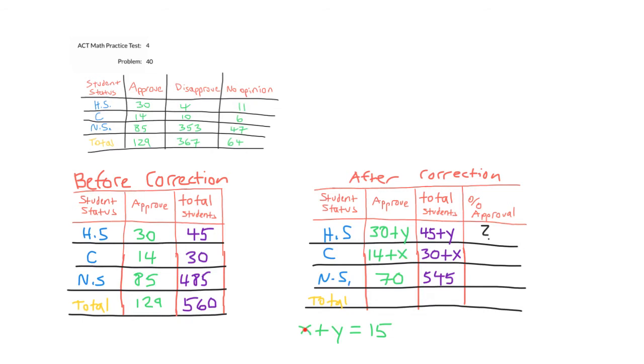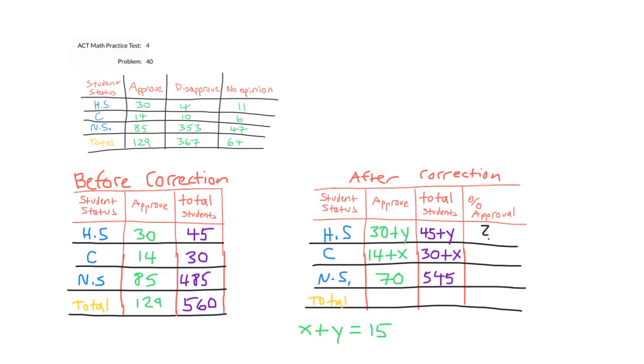If we figure out what x is, it's going to be easy to find out what y is because x plus y equals 15. And once we know what y is, we could very easily see what percent of the high school students say that they approve after the correction. So let's go on that first mission of figuring out what x is.